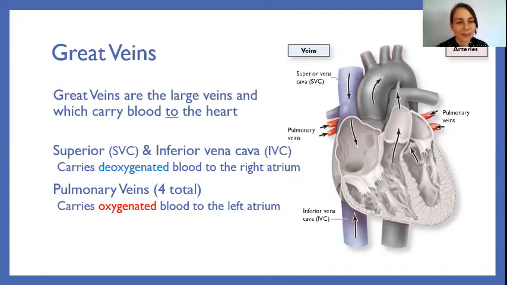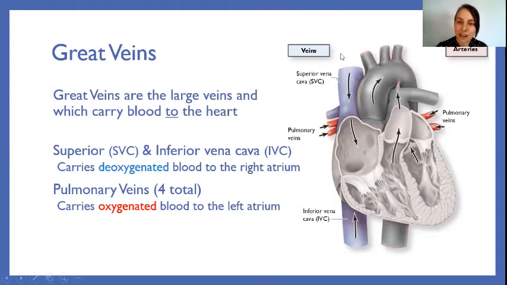Now with the heart, this changes a little bit, because if you remember, pulmonary circulation and systemic circulation are both occurring, and systemic circulation is going to be bringing the blood from the body back to the heart. That is the superior and inferior vena cava.